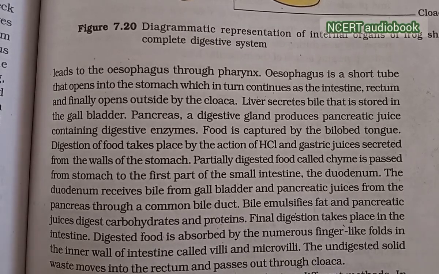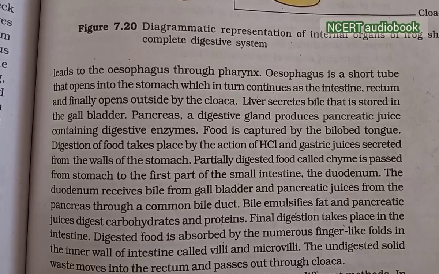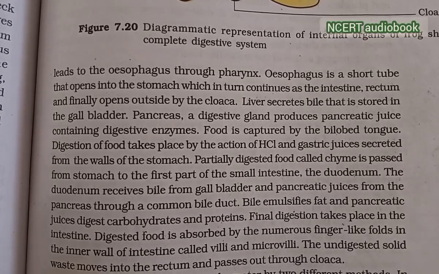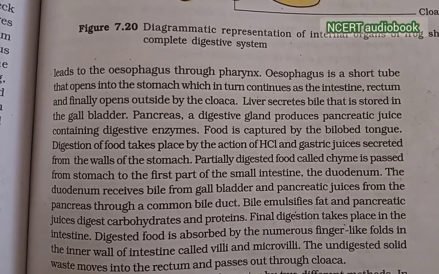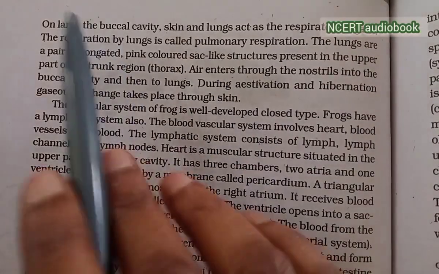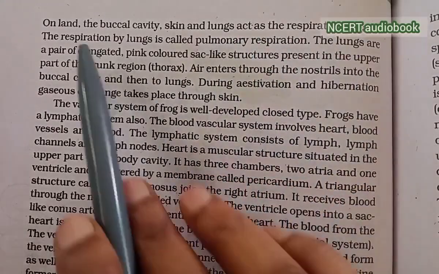Frogs respire on land and in water by two different methods. In water, the skin acts as the aquatic respiratory organ. In cutaneous respiration, dissolved oxygen in the water is exchanged through the skin by diffusion. On land, the buccal cavity, skin and lungs act as respiratory organs.